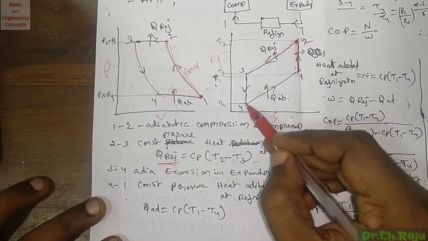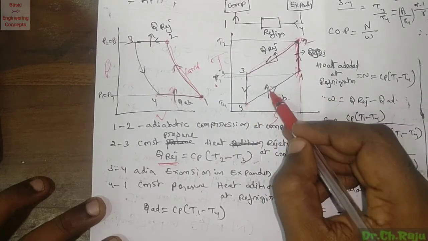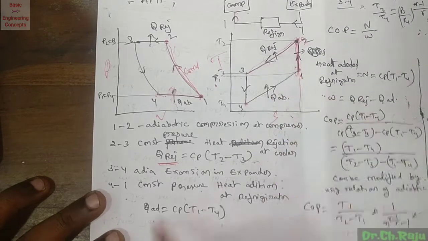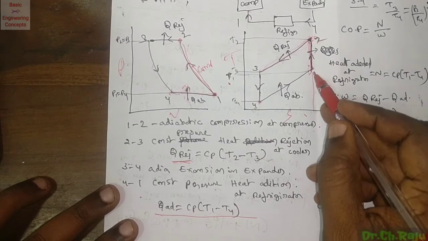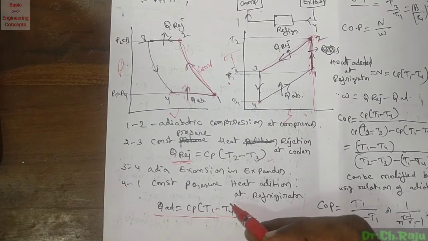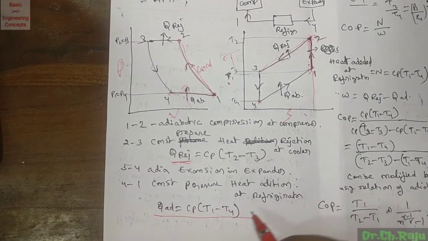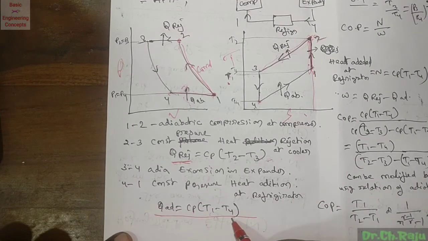So 4 to 1, as the heat is absorbed at constant pressure, the heat absorbed is equal to Cp into T1, the high temperature, minus the low temperature. So that is T1 minus T4.